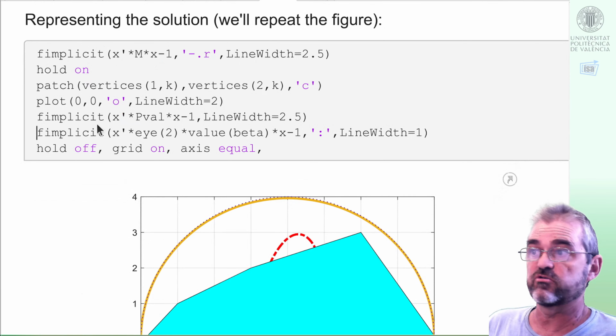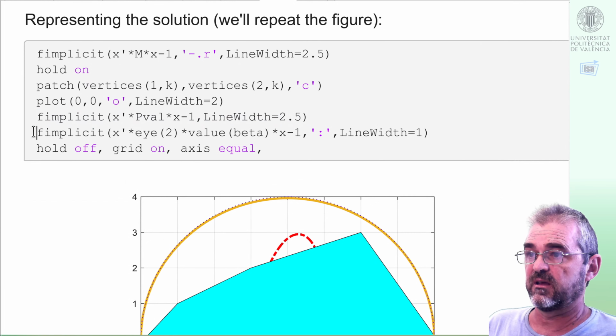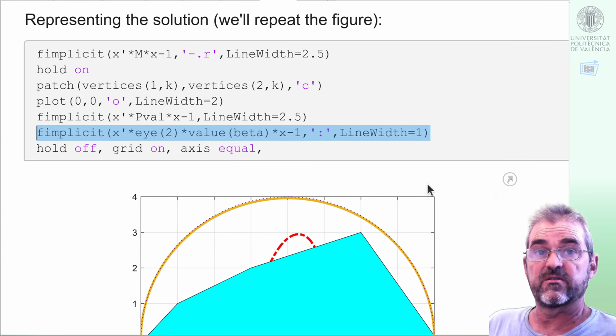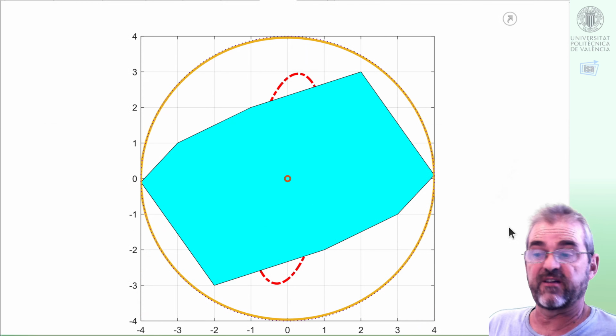If I represent the solution, this is the ellipse I have obtained, yellow down there, and this is the multiple of identity defining the smallest circle I was shrinking, and of course my final ellipse is basically that circle. This is the smallest circle including everything.